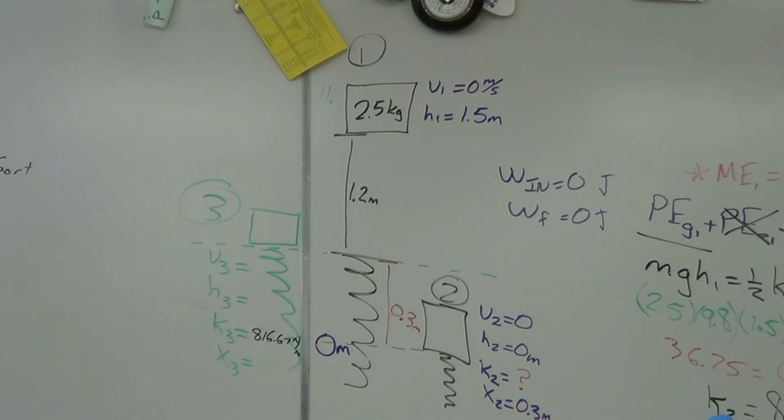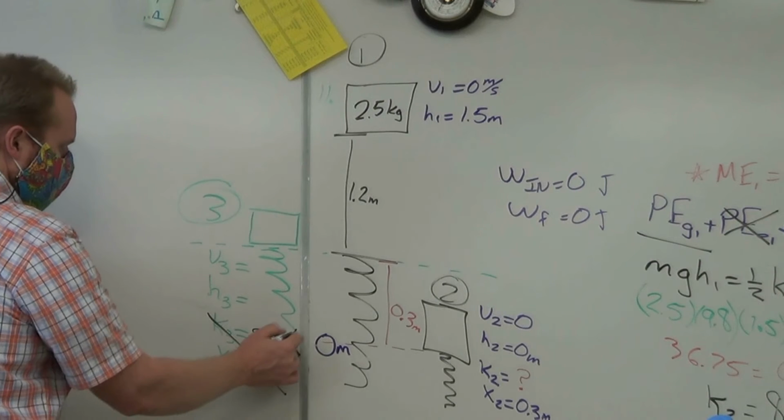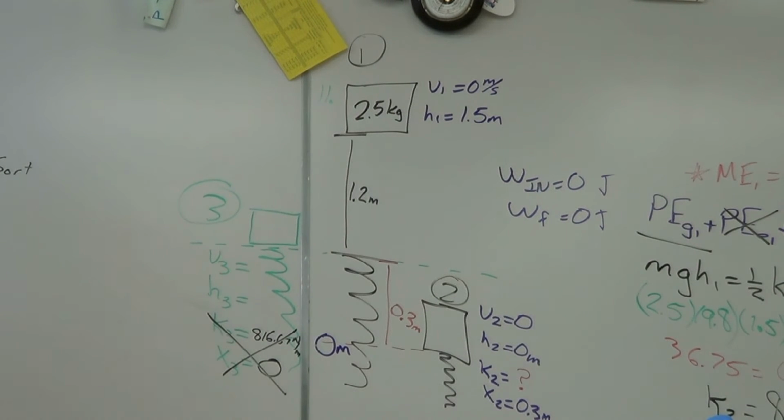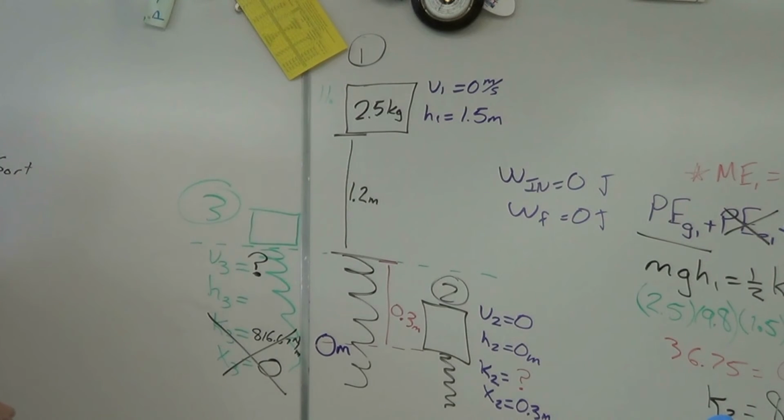It's compressed 0, right? Because it's not touching the spring yet. So this is 0, which really means we don't really need any spring stuff. You're more than welcome to put it in there, but just realize right before it touches the spring means it's not compressed at all. So this question is asking how fast is this object going when the spring isn't compressed.